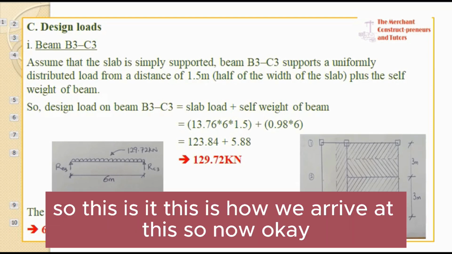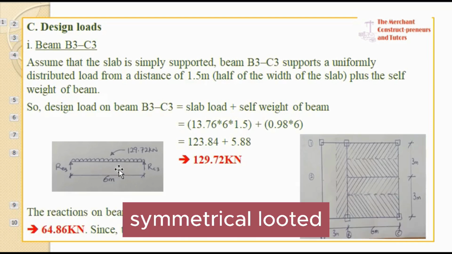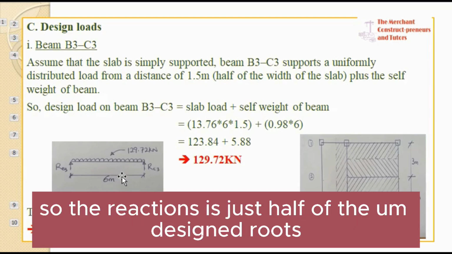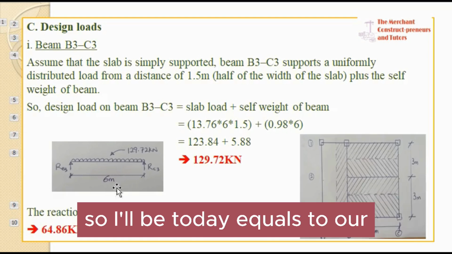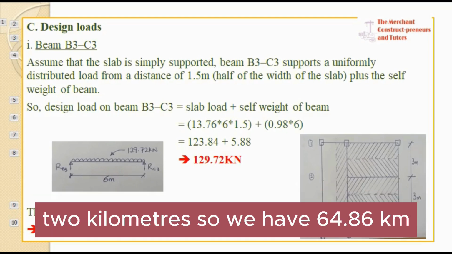Now the reactions. Because this is simply supported and symmetrically loaded, the reactions are just half of the design loads. So RB3 equals RC3 equals 129.72 divided by 2, and we have 64.86 kilonewton.